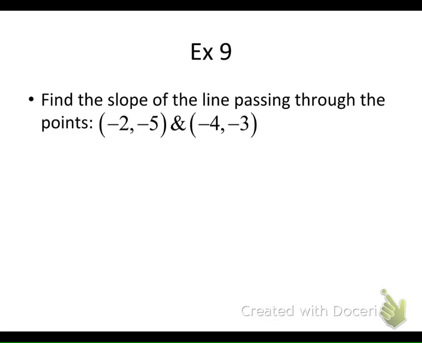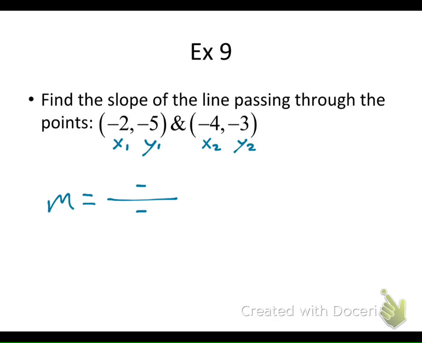So I'm going to go ahead and label x1, y1, x2, y2. Go ahead and write your m equals, and then the division sign and the minus signs on top. See, I forget that sometimes too.